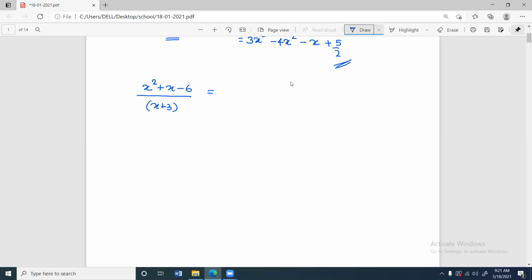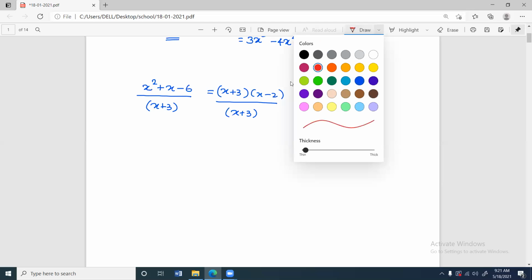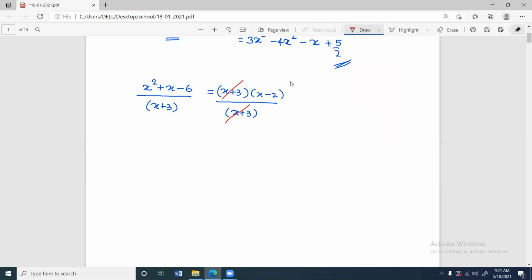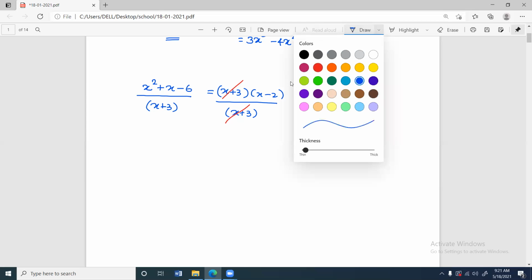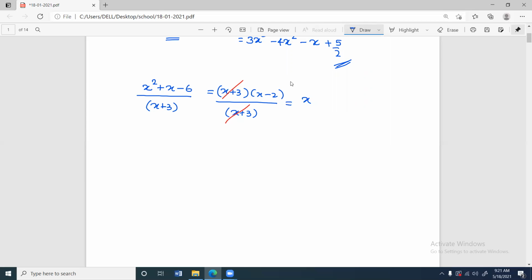It factorizes further: x plus 3 into x minus 2, divided by x plus 3. In this case, you can cancel this x plus 3 with x plus 3. With this, you can write your final answer as x minus 2. This is your final answer. That is a way of getting this kind of answer.